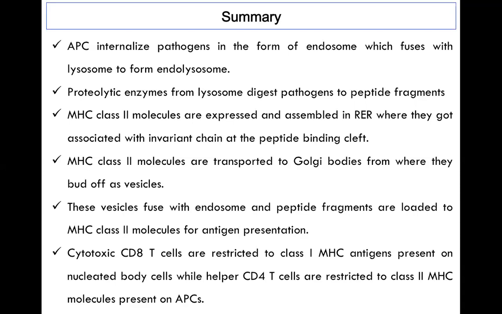After the whole story, we also learned another phenomenon called MHC restriction. Because of MHC restriction, cytotoxic CD8 T cells are restricted to class 1 MHC antigen present on nucleated body cells, while helper CD4 T cells are restricted to class 2 MHC molecules, which are present on the APCs.